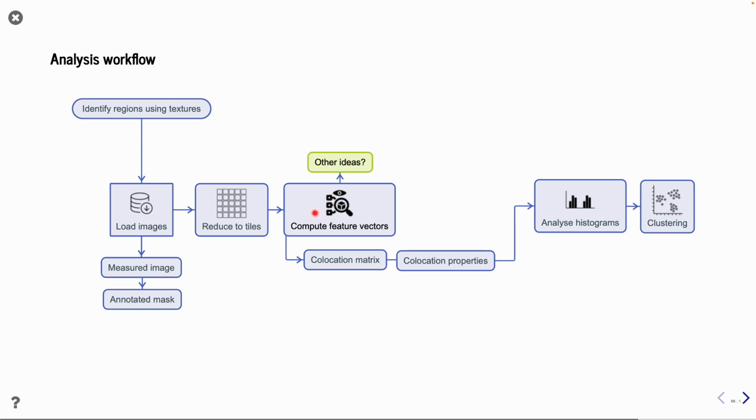Then we compute some feature vectors, so the co-occurrence matrix, and some properties from that. We can look at the histograms, and then we can go on trying to do some kind of clustering to identify these regions. So what the gray level co-occurrence matrix is doing is only to give you the feature vectors. It doesn't tell you really what is what.